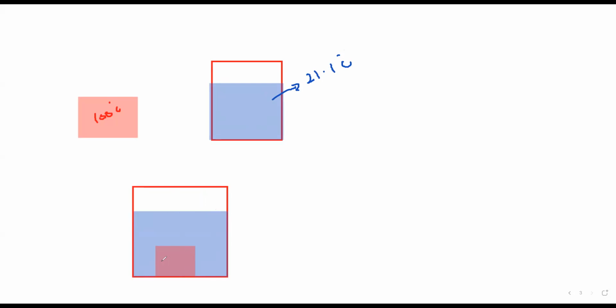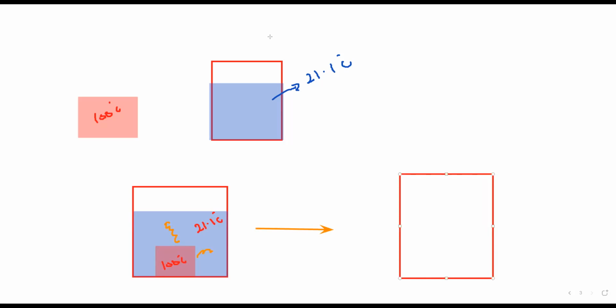So the moment we transfer, this is 100, this is 21.1. Now what happened? The heat energy is transferred from the metal to the water. So when they come to thermal equilibrium, when the temperature does not change anymore, the final temperature of the metal and the final temperature of the water is 22.9 degrees.